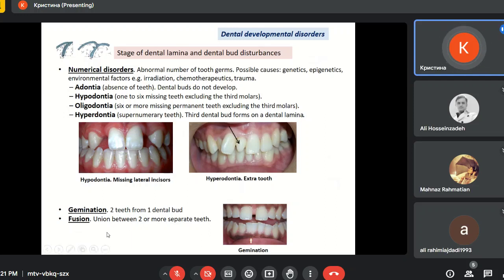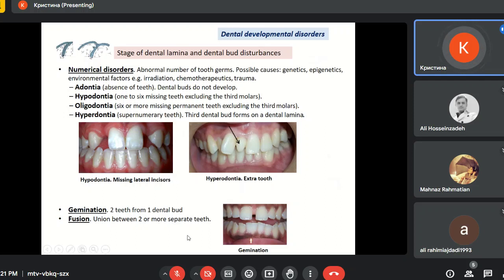These 2 types may look very similar to the dentist, but in the first case, the structure we will have only one root canal. But if you have the fusion of two teeth, they will have two different root canals.